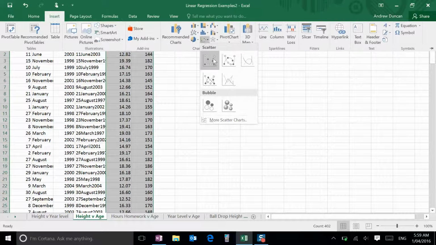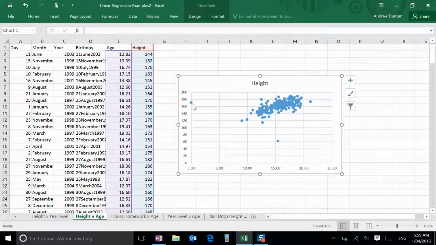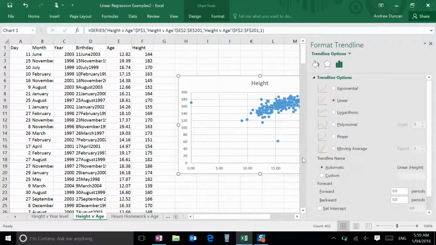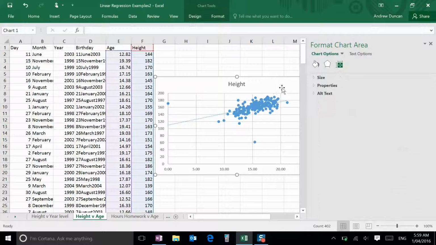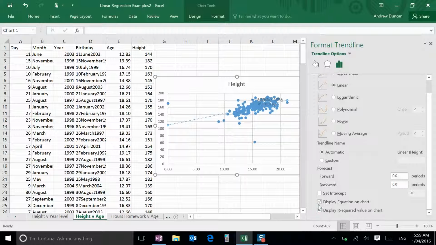So I'll do the same thing, insert my scatter plot. There's someone who's 0 years old and someone who's 60 centimeters tall, but it's okay. I'll click on my data, add a linear trend line again, and I need to make sure I display the equation and the R-squared value.